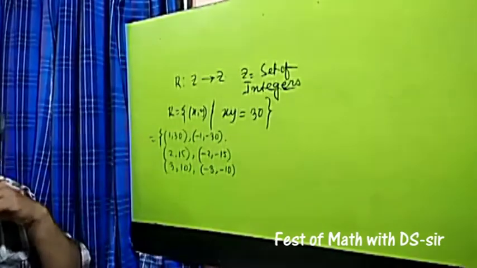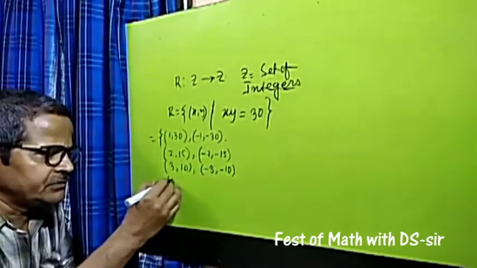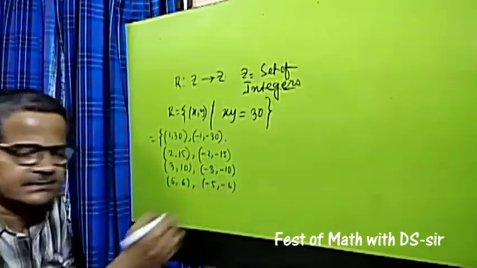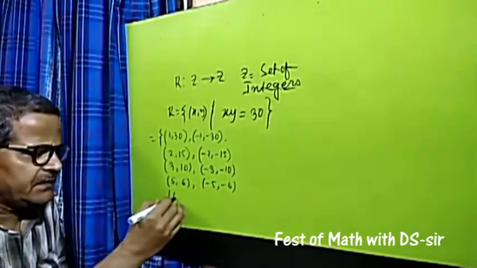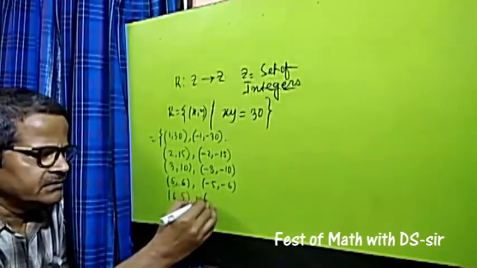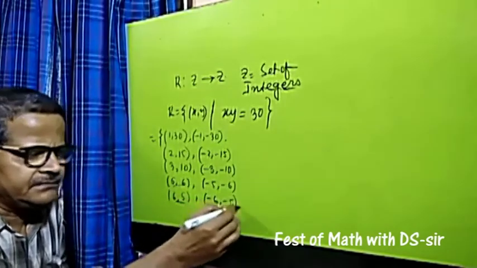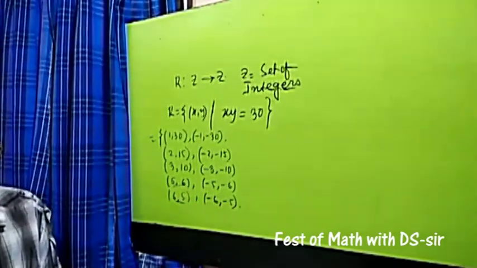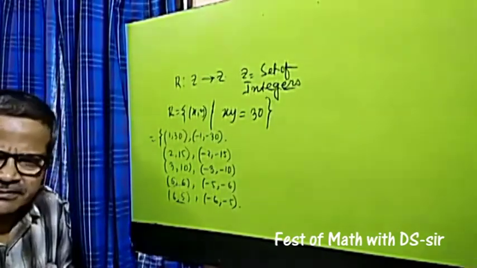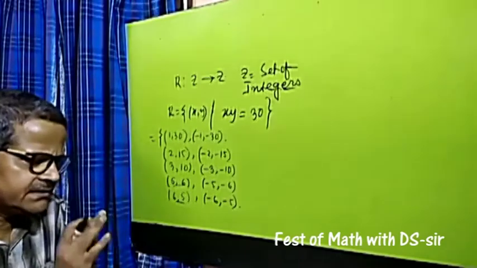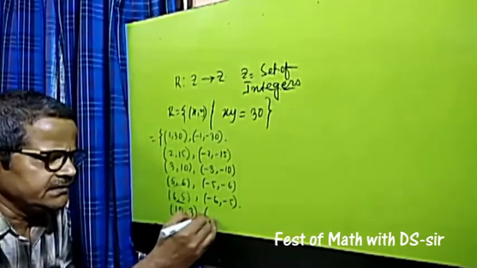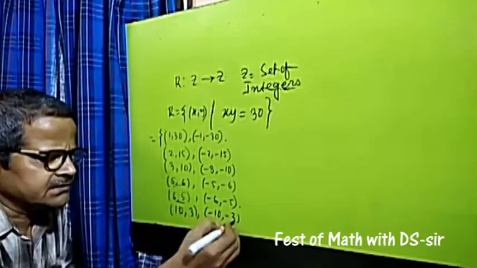30 is not divisible by 4. So we jump to 5. (5, 6), (-5, -6). Then (6, 5). Now see, (5, 6) and (6, 5) are different. So (-6, -5). 30 is not divisible by 7, 8, 9. But we jump to 10: (10, 3), (-10, -3).